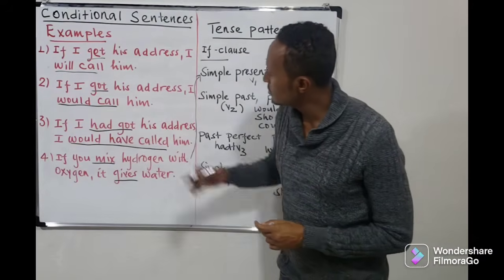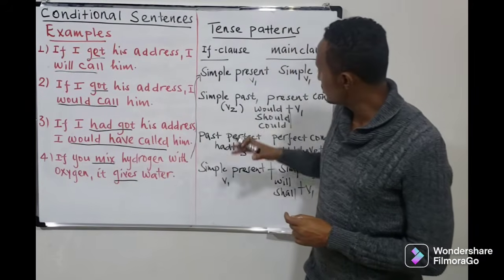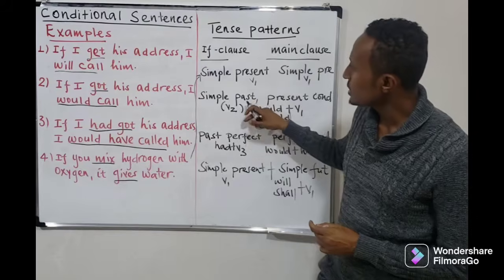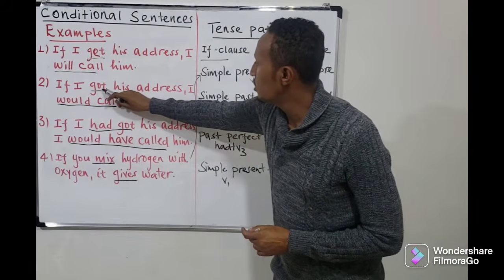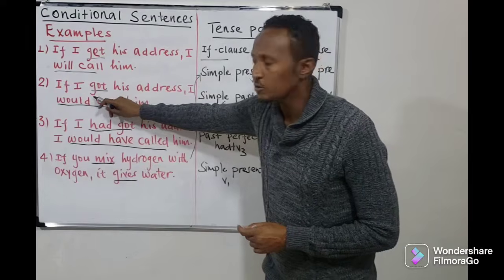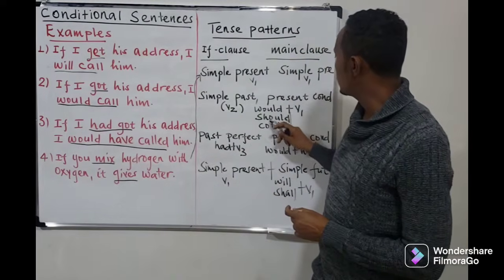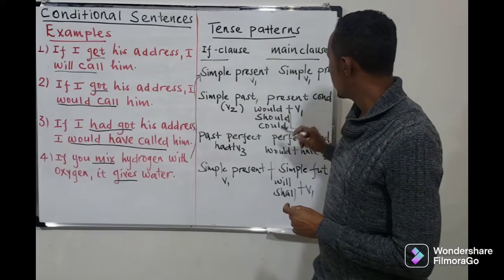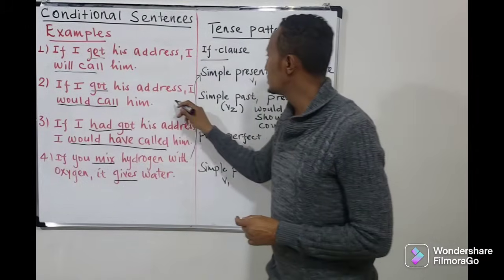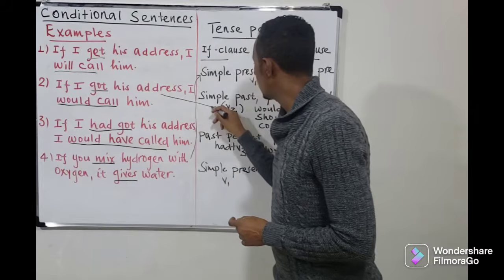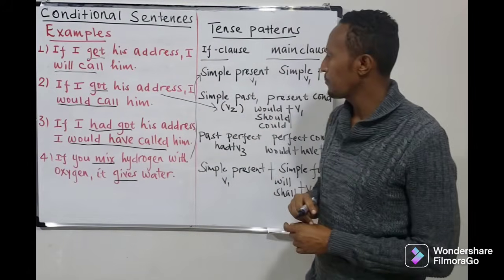So among these 4 sentences, which matches with this tense pattern? Simple past, it's only this sentence that comprises simple past in the if clause. And here would, should, could plus verb 1, here would plus verb 1. So this sentence matches with this tense pattern.